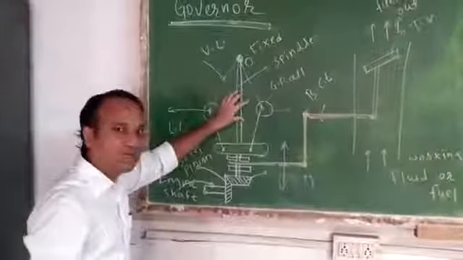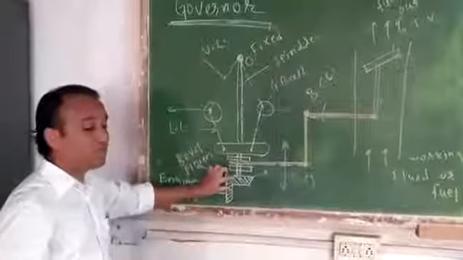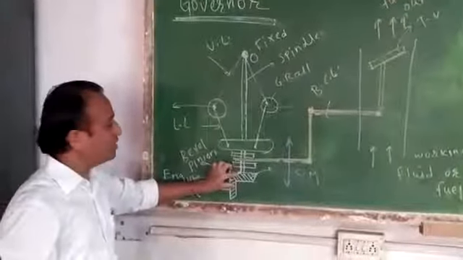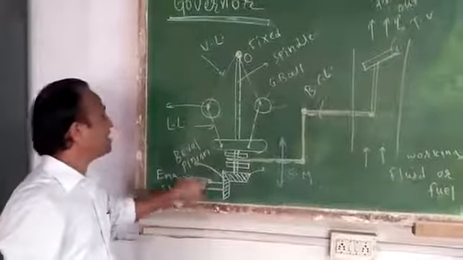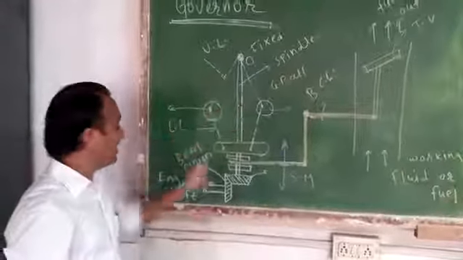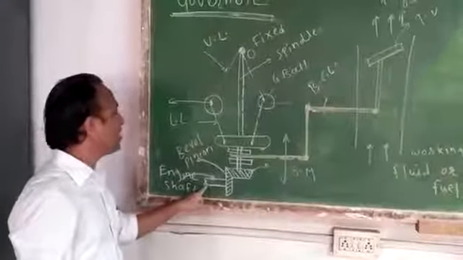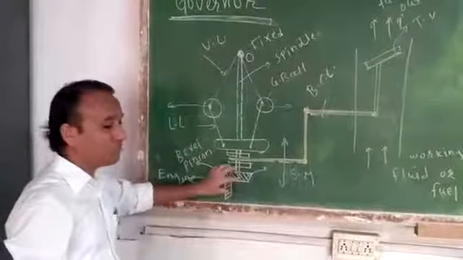The spindle or governor shaft is connected to the engine shaft via bevel gear, that is, a meshing of two bevel gears, so that engine shaft speed is transmitted to the spindle via the final drive.